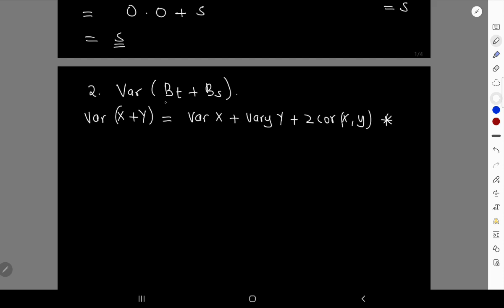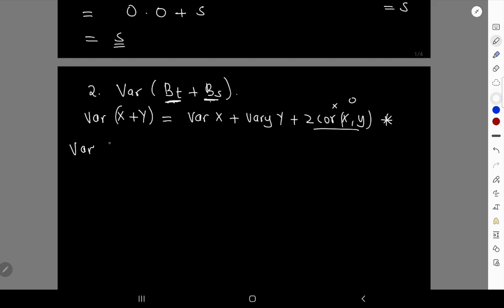This is our X, this is our Y. Since B_T and B_S are not independent, we use this part. If they are independent, this part becomes 0.